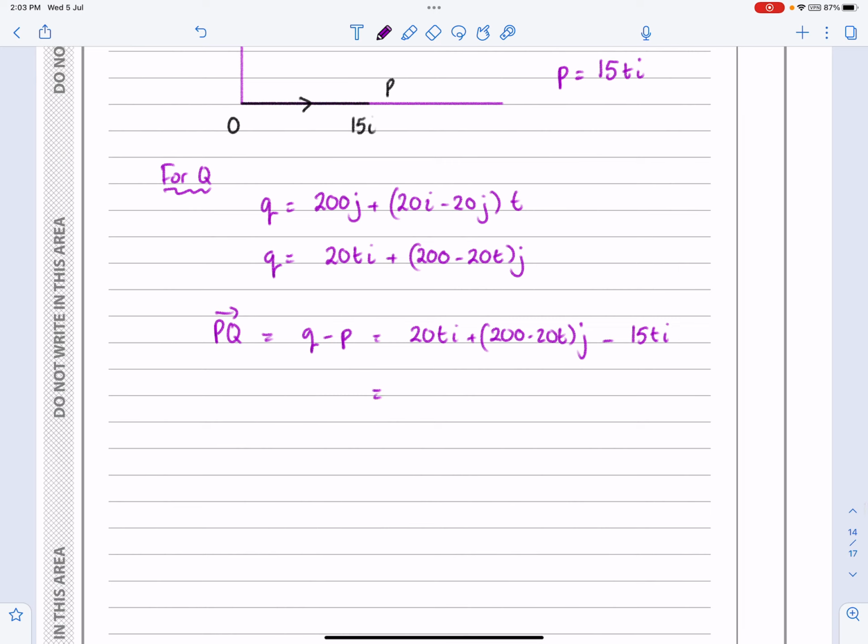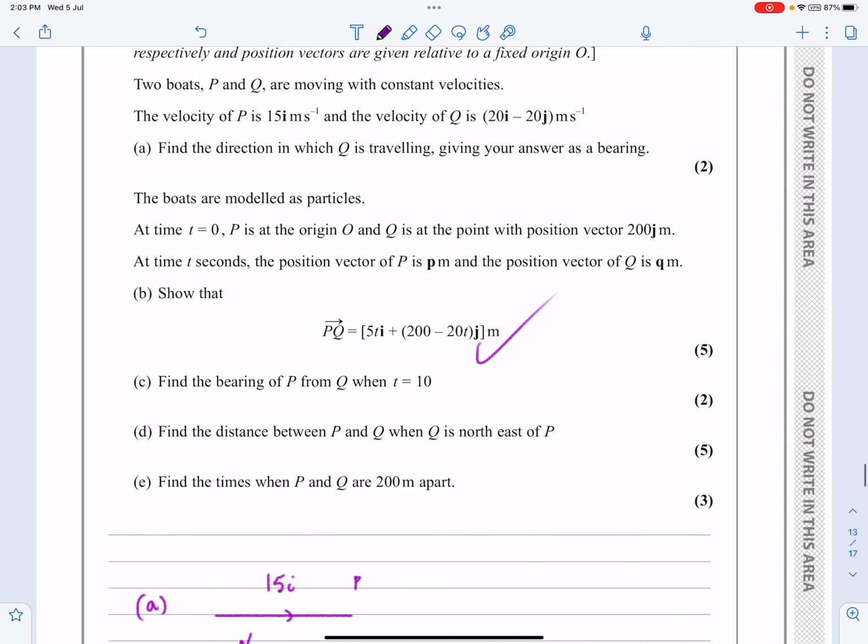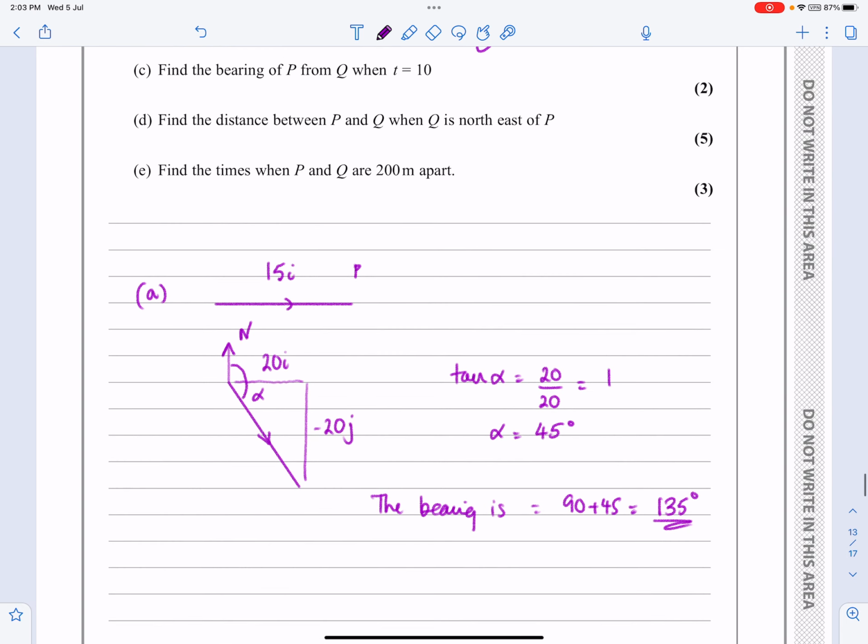The 20ti and the 15ti give me 5ti, and the other bit is 200 minus 20t j. So 5ti plus (200 minus 20t)j. That's PQ. It now says find the bearing of P from Q when t equals 10.